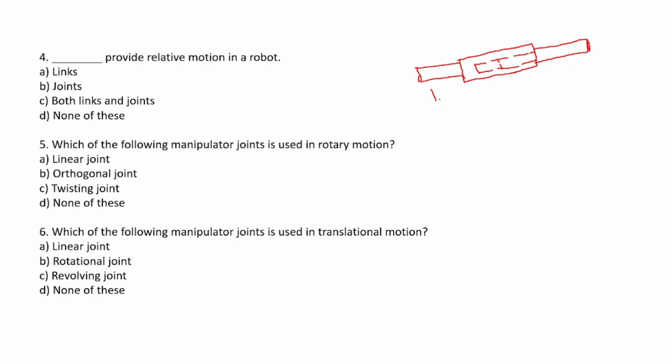if we say this one is the input link, and this one is the output link, this will be the joint motion that is linear, right?